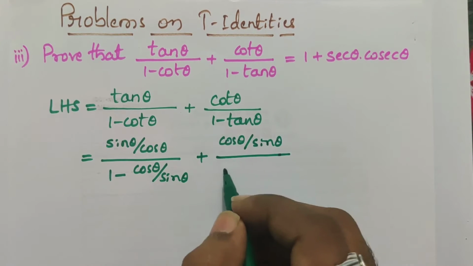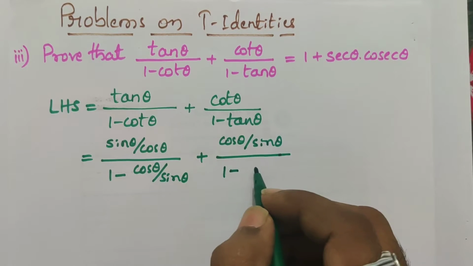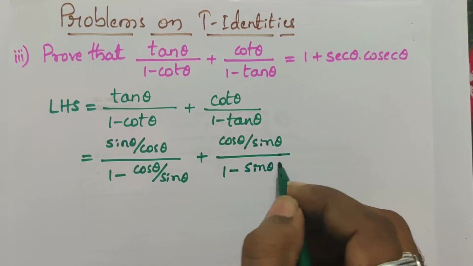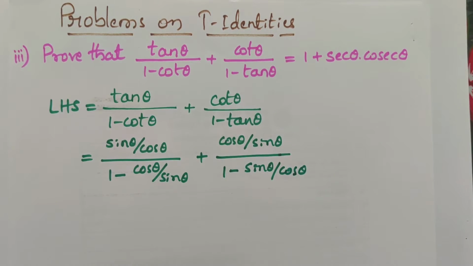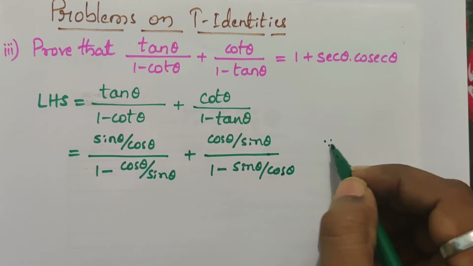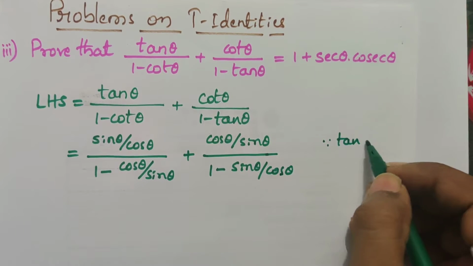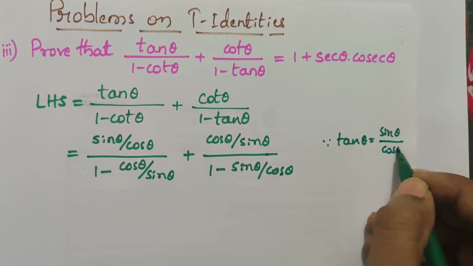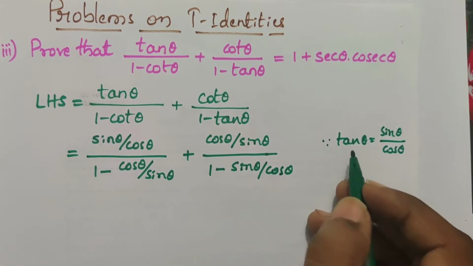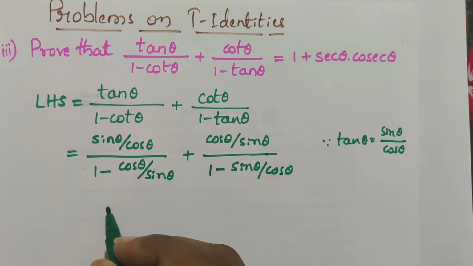From the denominator, 1 minus tan means sine theta by cos theta. So this is the basic substitution. Why did we do this substitution? Because we know tan theta is nothing but sine by cos theta. Okay, so cot will be its reciprocal, right?